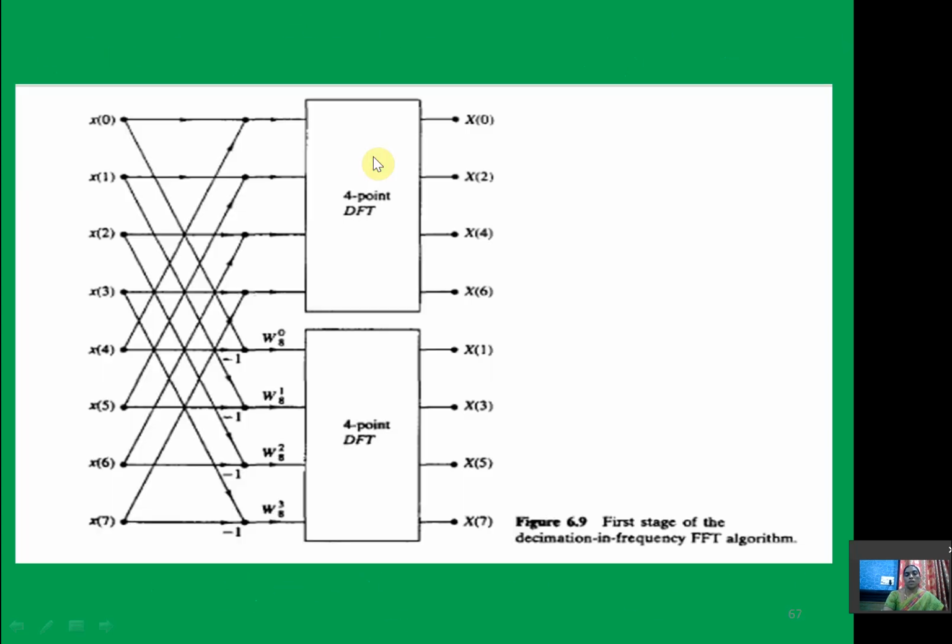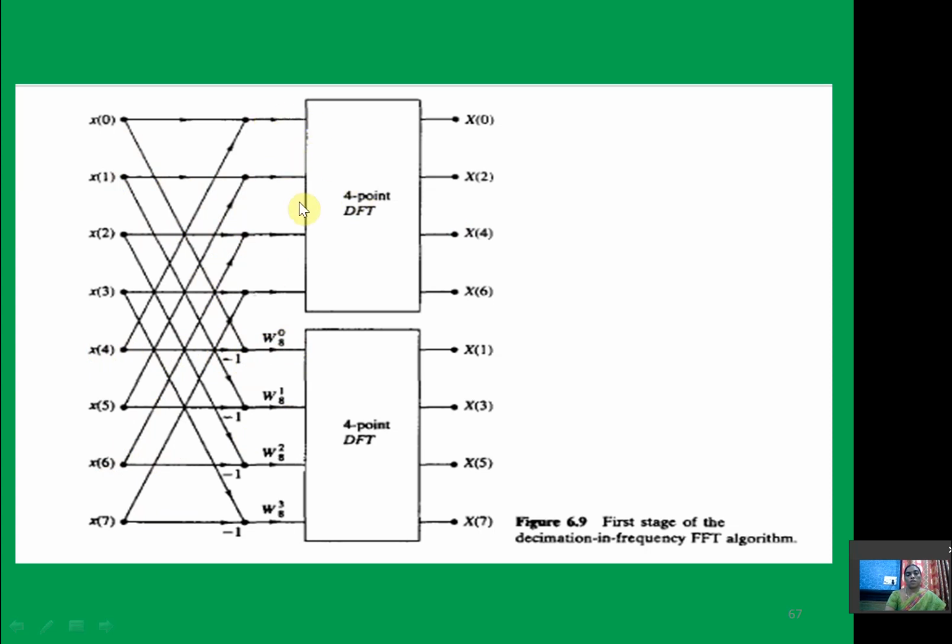So here x of 0 plus x of 4, next x of 1 plus x of 5, x of 2 plus x of 6, and so on. Similarly x of 0 minus x of 4 into W8 power 0.